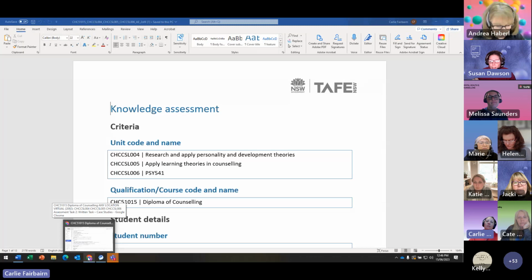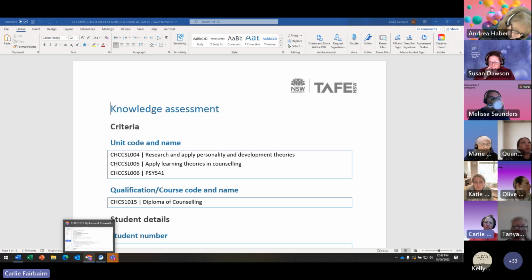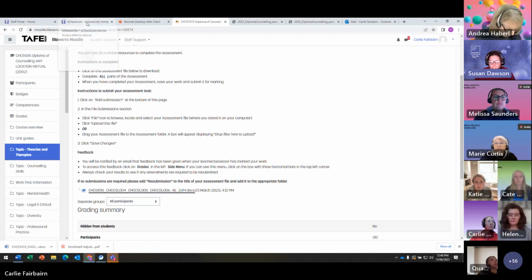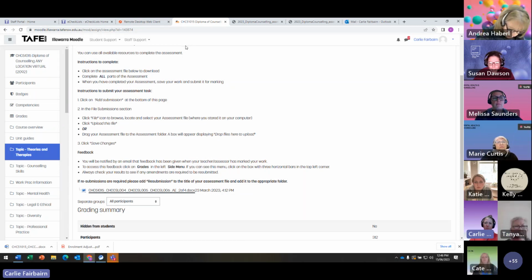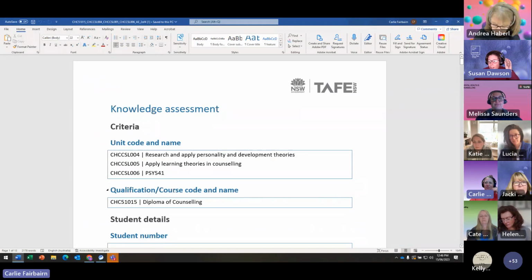So I think I've got the wrong one. The dates are the same, but full-time students have different subjects they do on a Monday. So all the subjects that you do the same on the Tuesday and Thursday, the dates are the same. It's just full-time have the additional subjects. So you go into Moodle Unit Guides, is that right? Yep, correct. And then it's the first 2 documents you can see there, assessment overview. All right. Thank you.